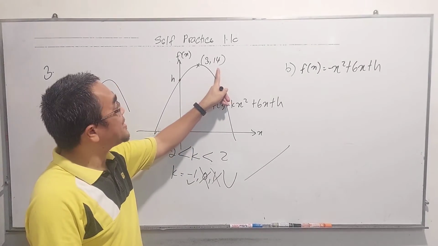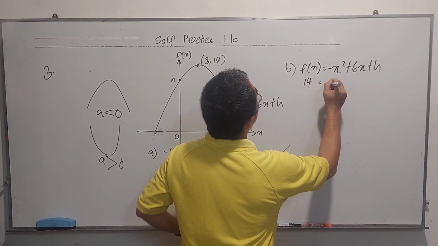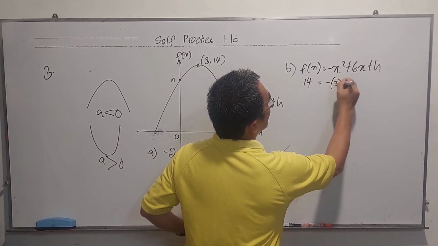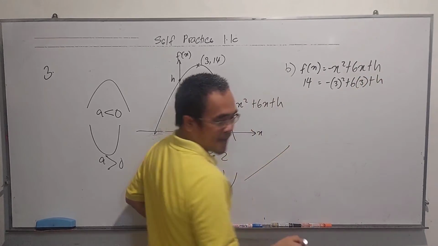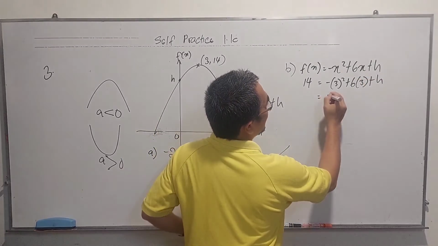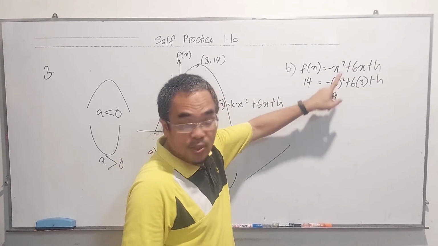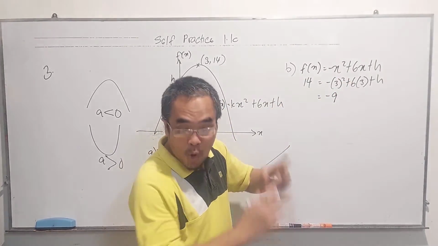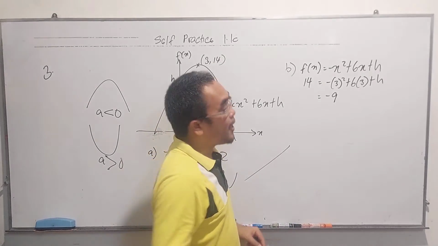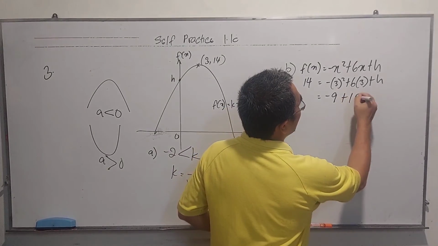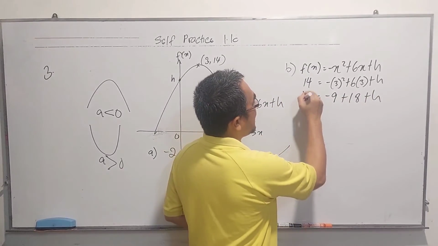The only coordinate is (3, 14). So you replace: 14 equals negative bracket 3 squared plus 6 times 3 plus h. So you get -9, because 3 squared is 9, then you open the bracket and it becomes -9. Plus 18 plus h equals 14.